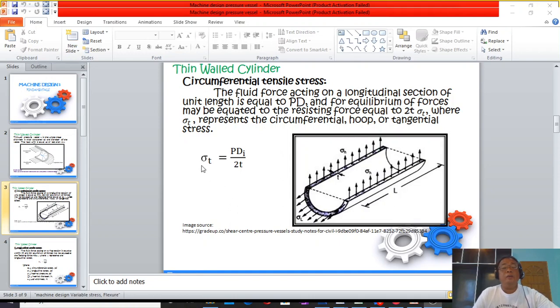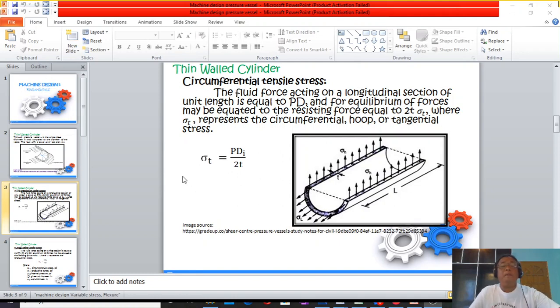Okay? So, the force acting due to the pressure can be defined using the definition of pressure, which equals the force over the area. Where that force now equals the pressure multiplied by the cross-sectional area, class, of course, that is the length multiplied by the inside diameter.